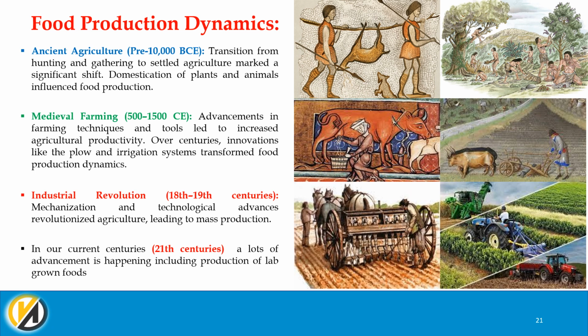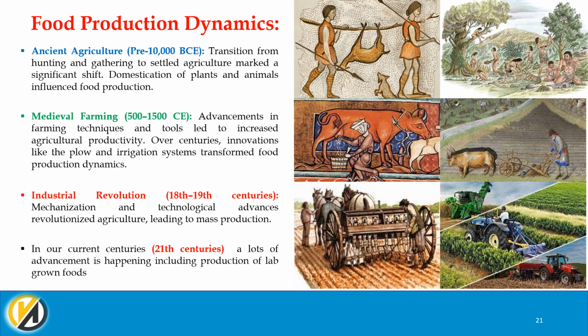During the medieval farming period, from 500 to 1500 CE, advancements in farming techniques and tools led to increased agricultural productivity. Over the centuries, innovations like plowing, and irrigation systems transformed food production dynamics.